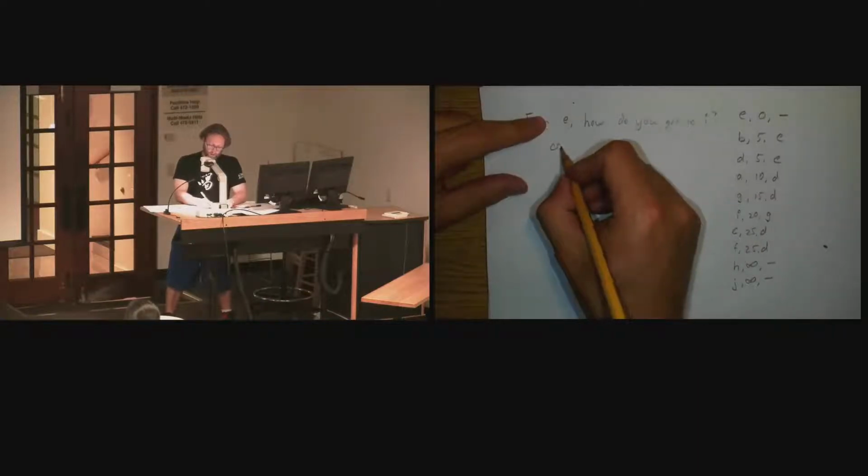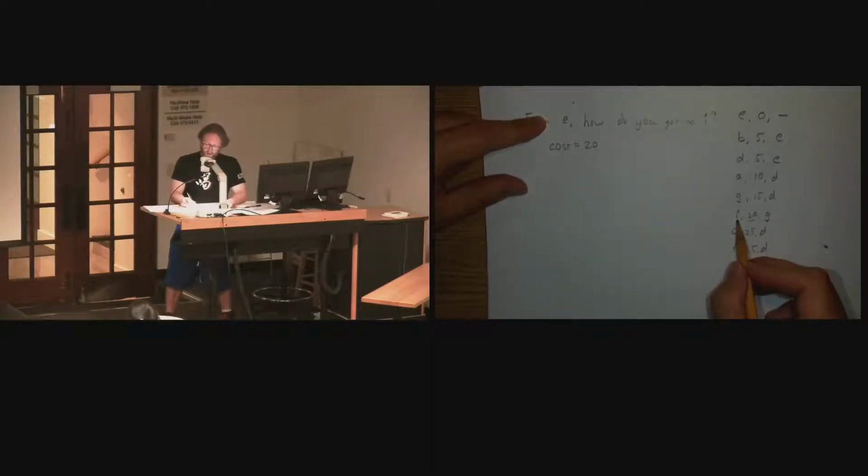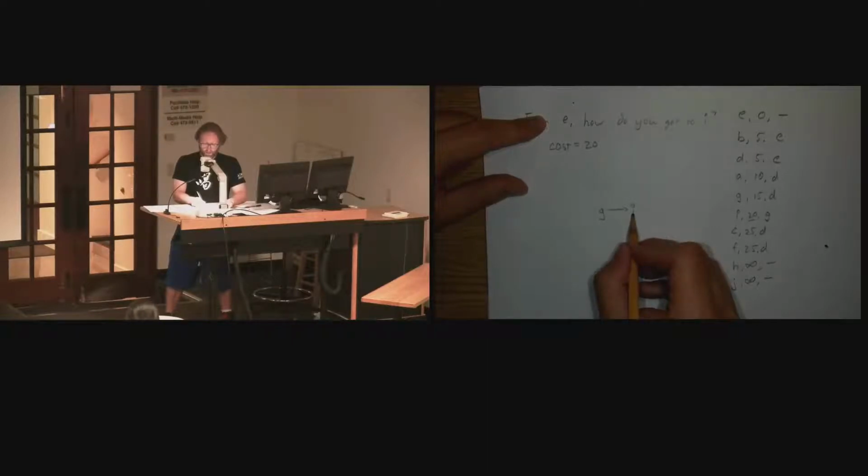Right? So the cost is going to be 20 because that's right here. How do I get to I? Well, the predecessor to get to I is going to be G. So you must necessarily come from G. The predecessor, if I've got I here, what's my predecessor? What came before me? Well, according to this is G.